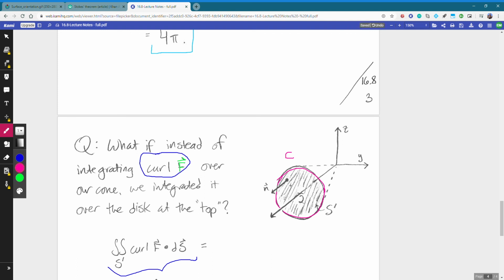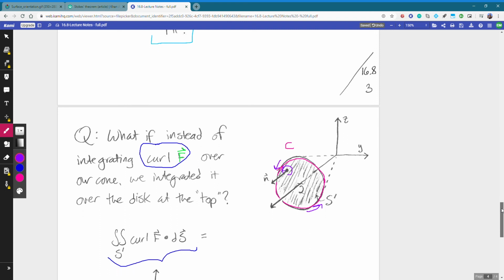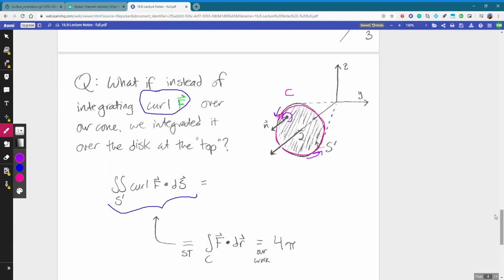Well, looking at this normal vector, right, if we do the counterclockwise right-hand rule from it, that's going to be pushing us this way along our curve. And notice that is the same direction that we had before. So Stokes' Theorem says that this surface integral for this new surface, integrating our curl field, we can swap out for the exact same line integral that we computed a few minutes ago. And so we'll once again get the same thing as we did then, 4 pi.